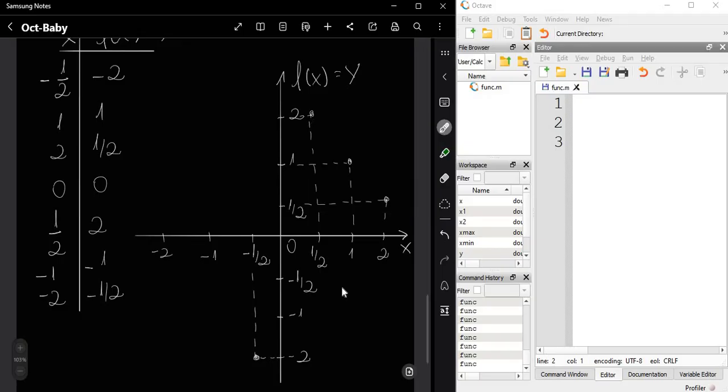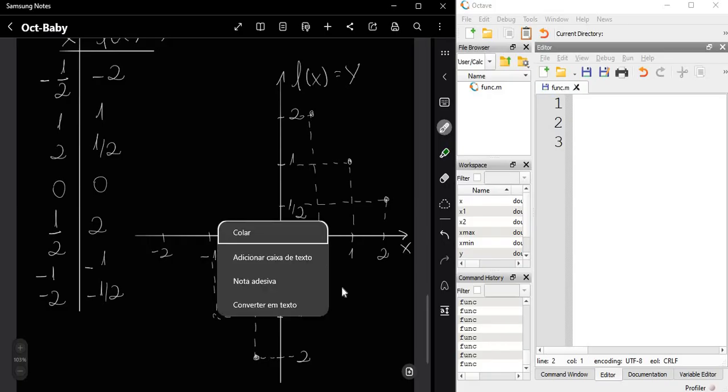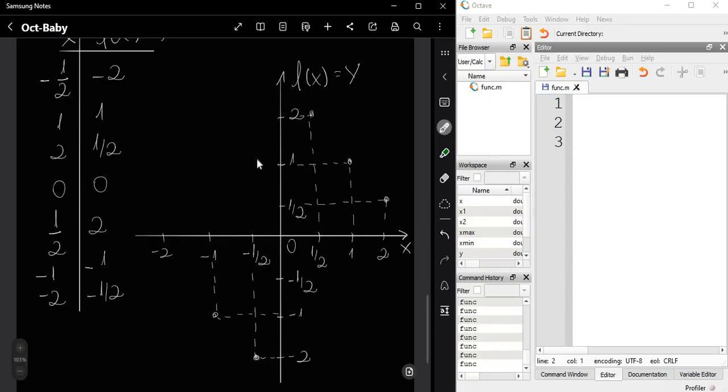And for x equal minus 1, we got minus 1. And for x equal minus 2, we got minus 1 over 2.